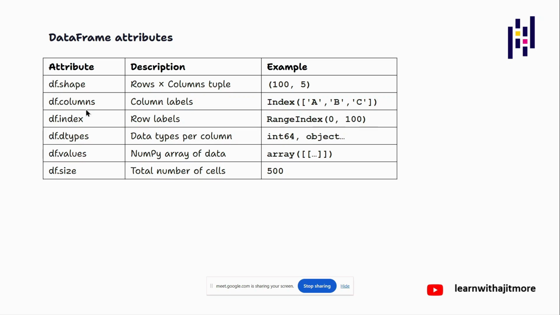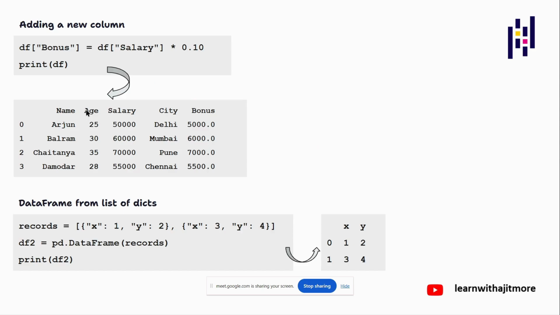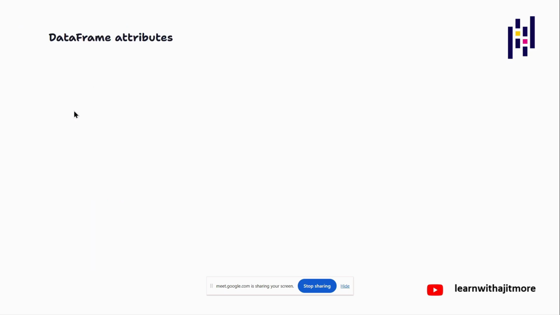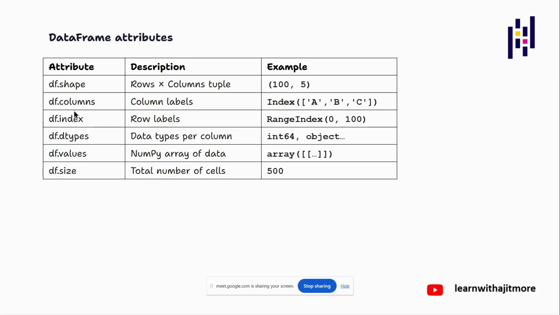Yesterday I gave an example, if you remember, this DataFrame. So what are the column labels? Name, age, salary, city, bonus. These are the column labels. These column labels are also kept in one iterable, and that iterable is of type Index. Index is an iterable object.